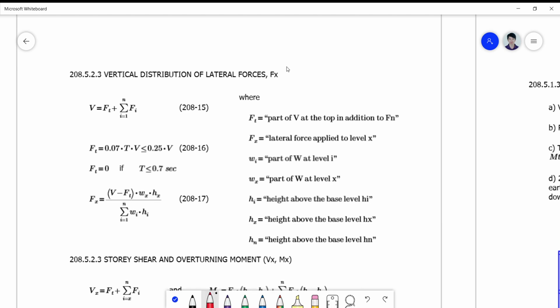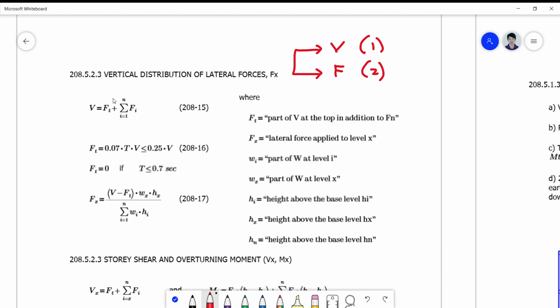In the lateral force procedure, what we get is the base shear first, then we solve for F. Okay, so this is the first step. This is now the second step. Base shear first, before we solve for F. And the base shear is given by the formula above.